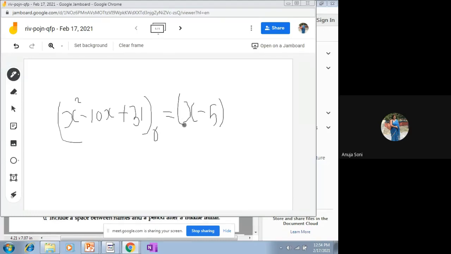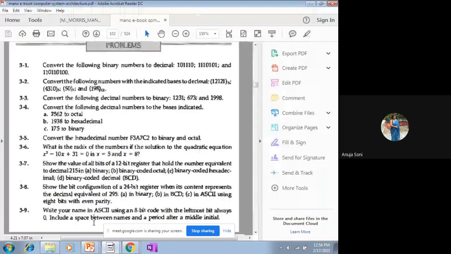x minus 5 into another factor, which was x minus 8.